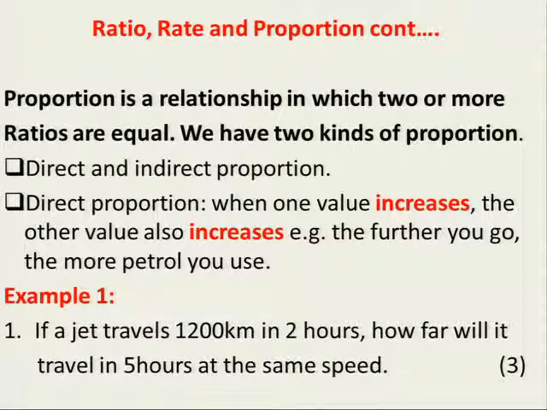So we had 1,200 kilometers in 2 hours. How far will it travel in 5 hours? So as we can see here, the time has increased. That means that the kilometers must also increase. So let's try and look at this.